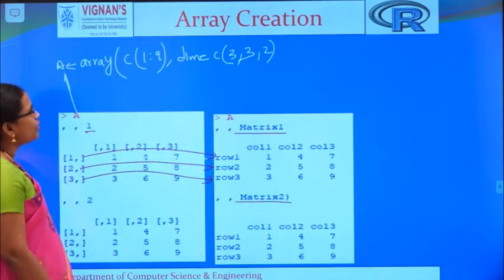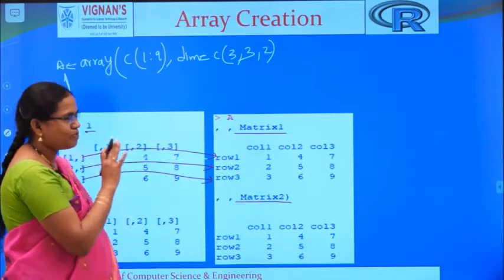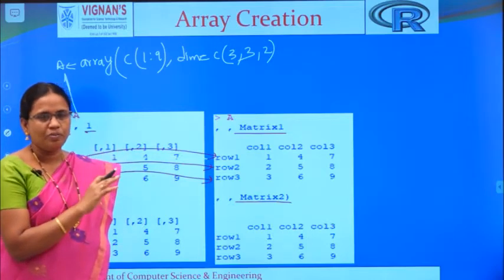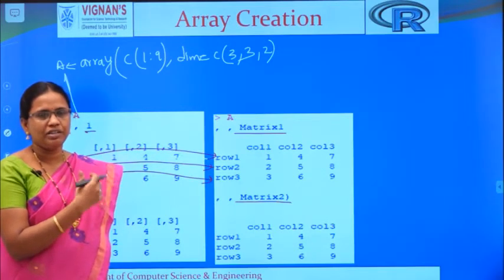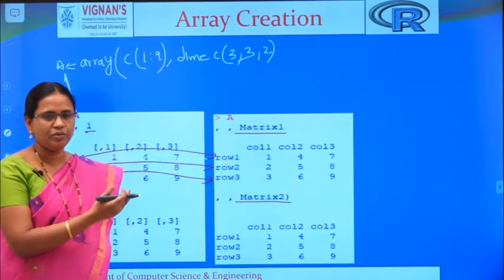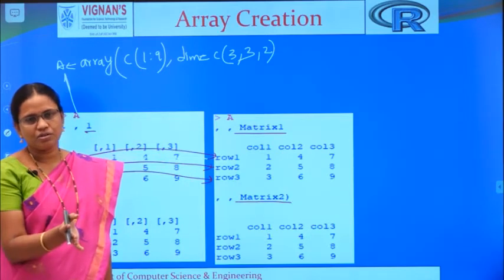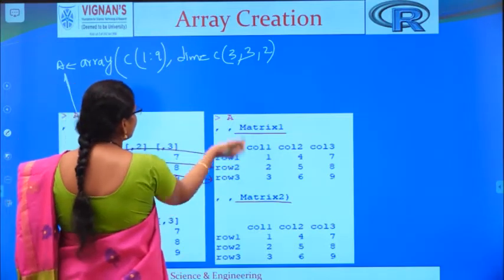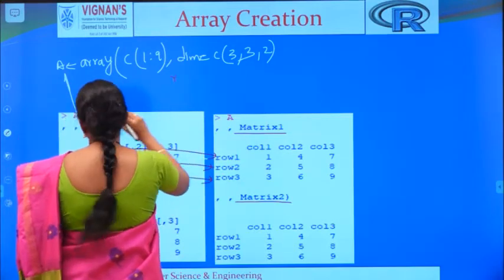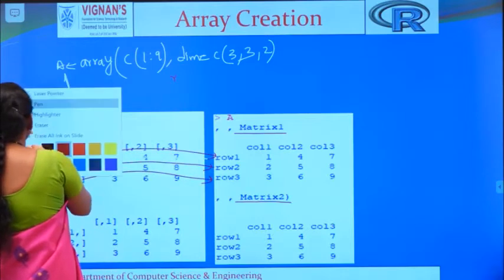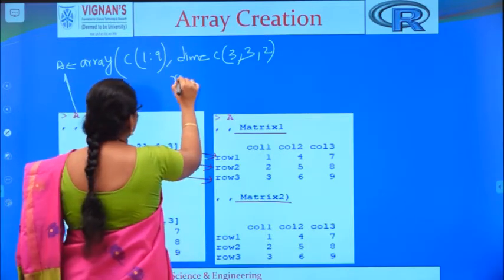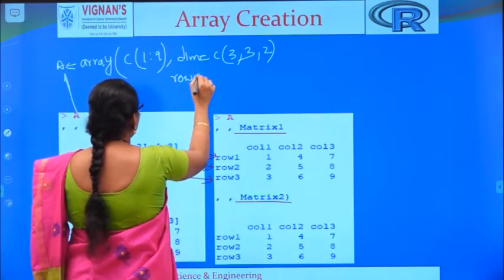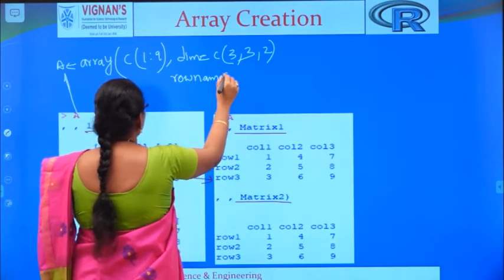In this case, what you need to do? Okay, so we need to specify the row names, column names, and matrix names in different variables, and then we need to pass those to the dimension names parameter. So in this case, first let us create the row vector. Row names is equal to, I am writing like this.